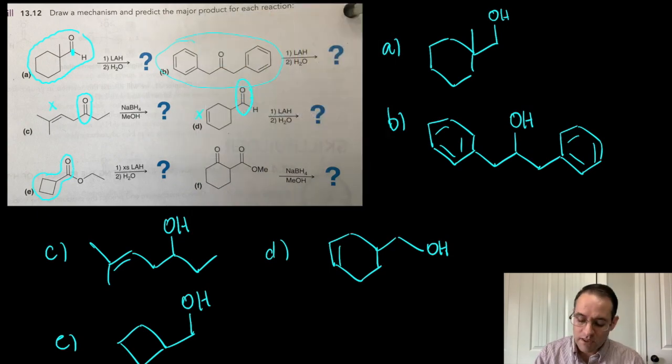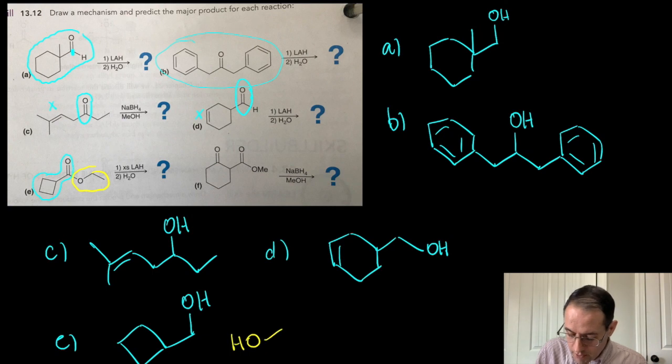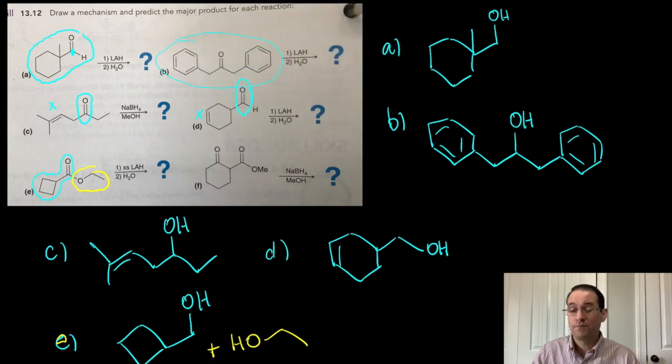And then I'll switch to a yellow color here. I have an oxygen with 2 carbons, and I'm going to split that off the molecule. So that's ethanol, and I'm going to write that like this. So in part E, we have 2 alcohols that are formed from this single reaction.